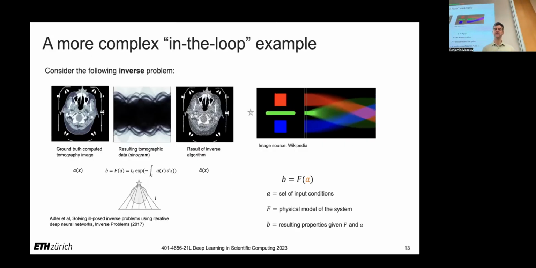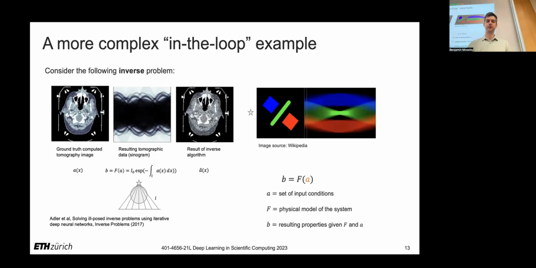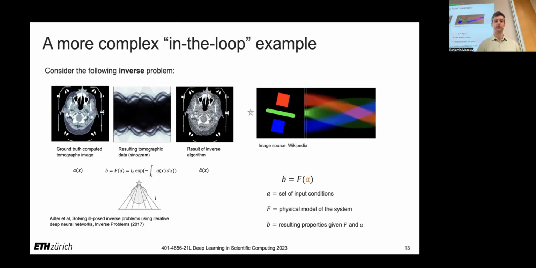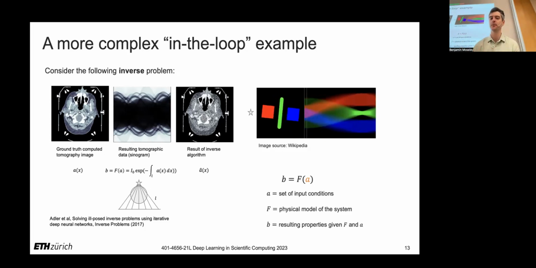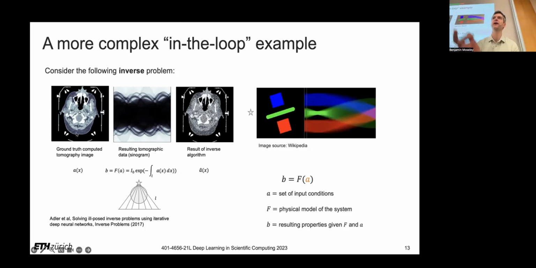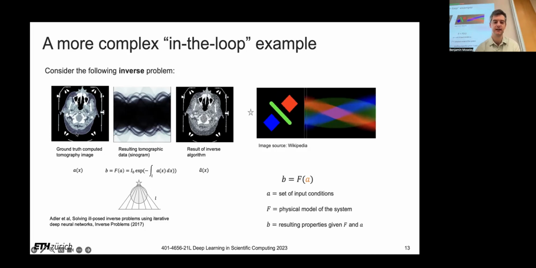With that in mind, let's think about an inverse problem. This is the problem of X-ray tomography, where, for example, we want to create an image of the brain or any part of the human body. I showed this in the very first lecture of the course. We have some X-ray source here, this star, sending X-rays through the target, and we're measuring them on some screen.